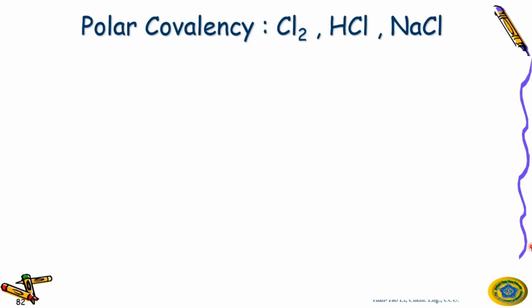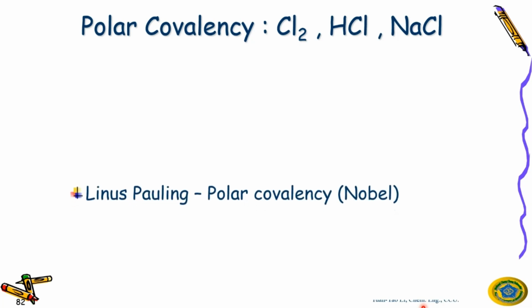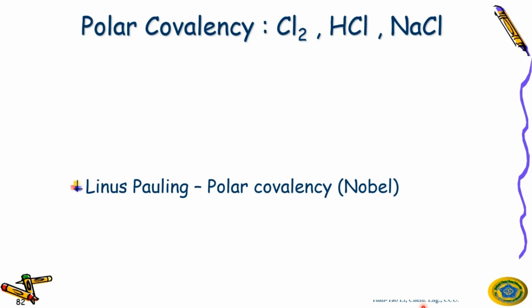So before we introduce the next topic, because we know the ionic character, we want to see what is polar covalency. What does polar covalency mean? Louis Pauling got the Nobel Prize because he proposed this kind of polar covalency, so we need to know it. Let's take an example of chlorine gas, hydrogen chloride, and sodium chloride.